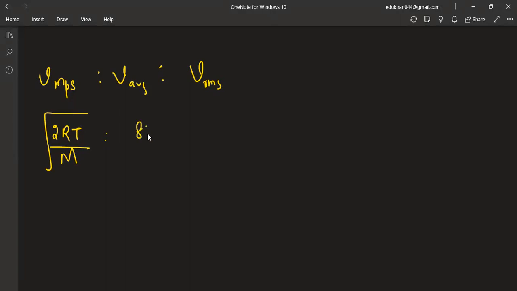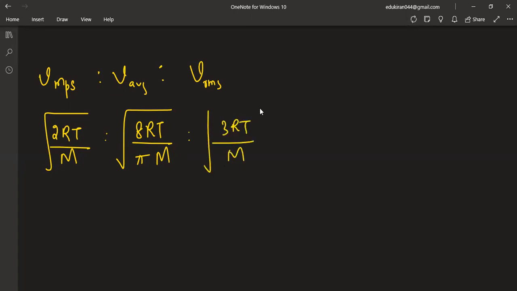Average is under root 8RT by pi M. And root mean square is under root 3RT by M. If you take the ratios, there are lots of previous year questions where the option is directly given, so no need to waste your time solving.